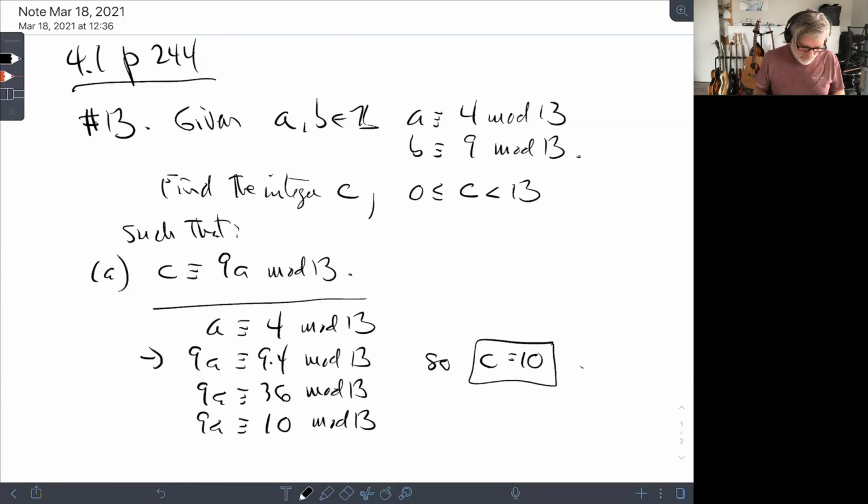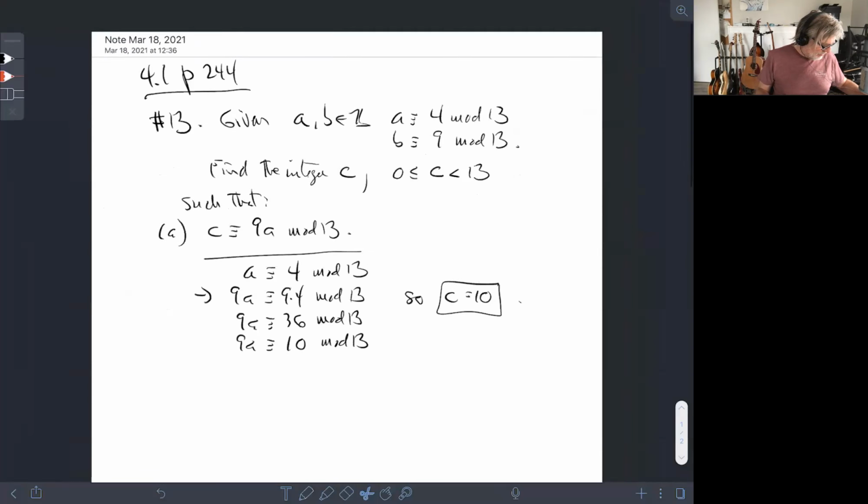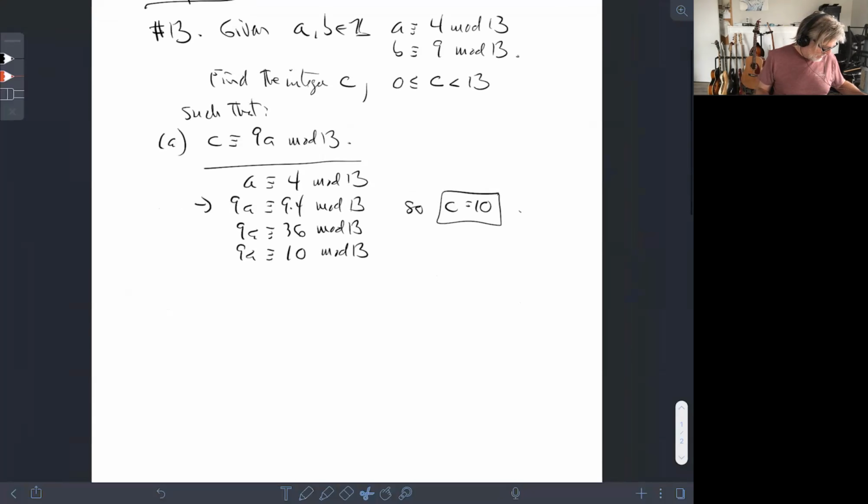Okay, let's do E. So it's the same setup. Let's just scroll down here. Okay, so E is a bit trickier. We want to find C, which is congruent to A squared plus B squared mod 13.